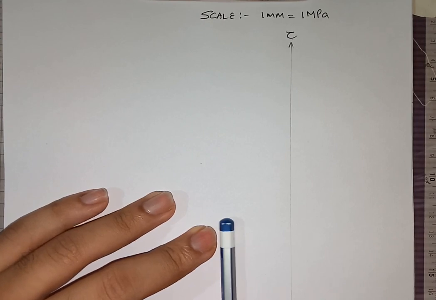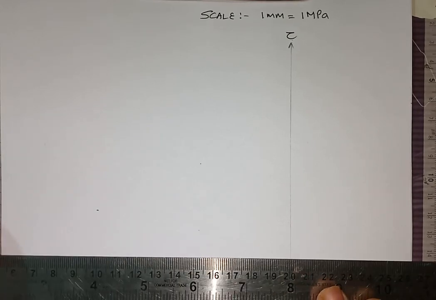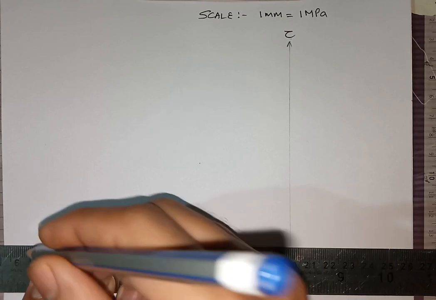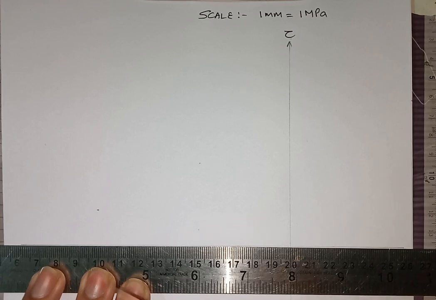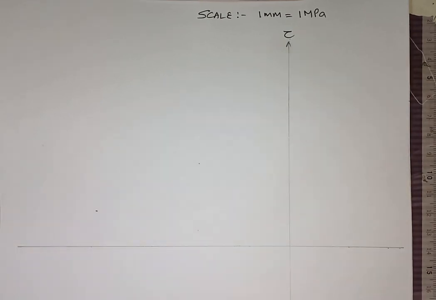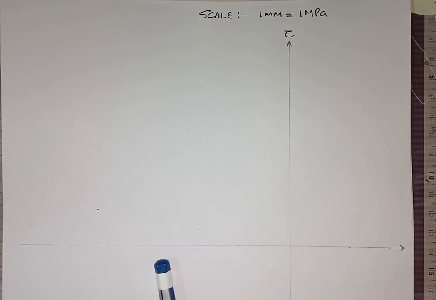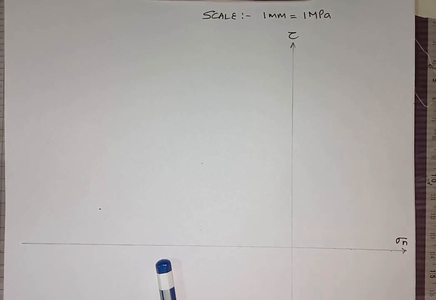Then I need to draw a horizontal line. So that becomes your horizontal line. What does the horizontal line represent? It represents the sigma n axis, which is the normal x-axis.